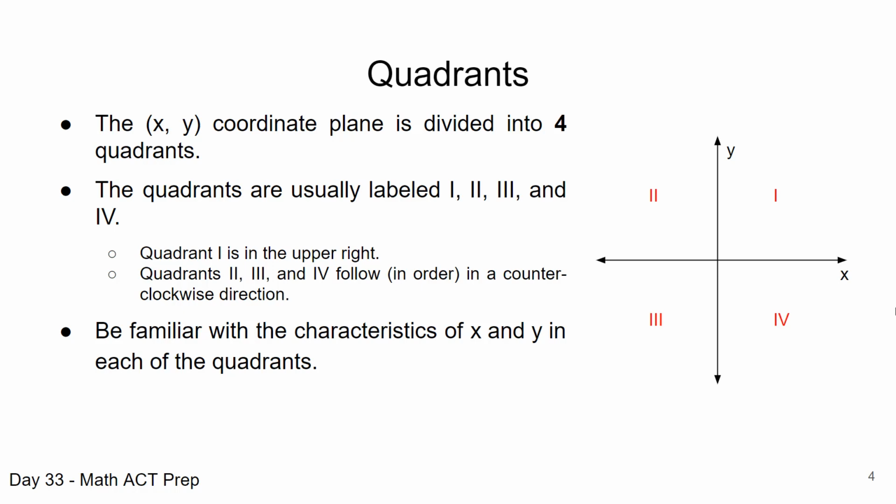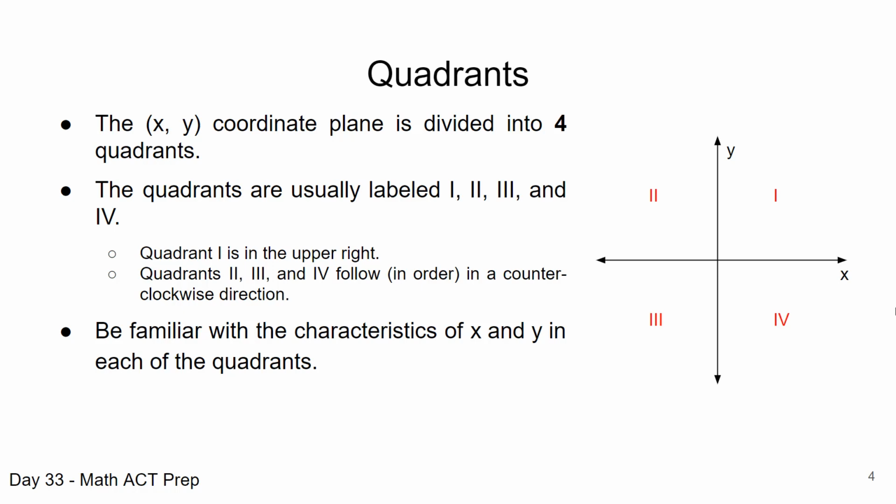So sometimes we'll set up different things such as where Y is positive and X is positive. Well, if we look at our quadrants, labeled 1, 2, 3, and 4, where Y is positive and X is positive, that's only in quadrant 1.